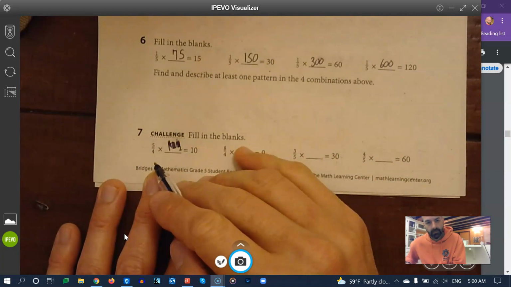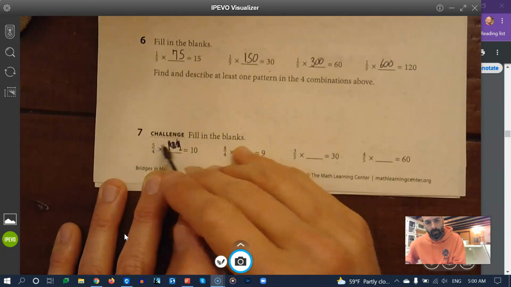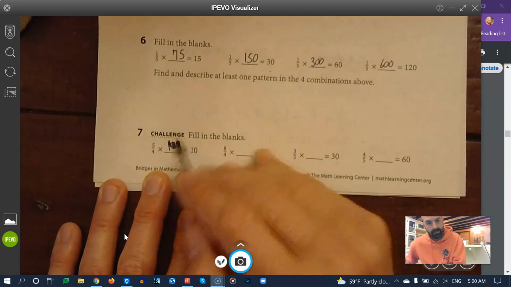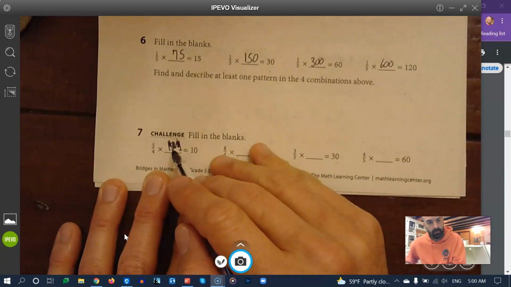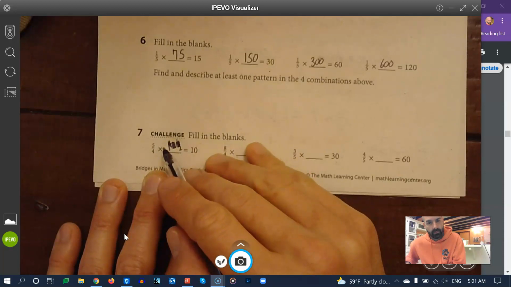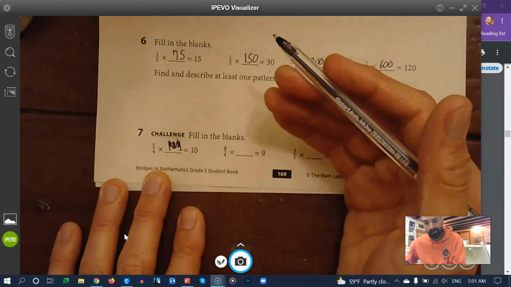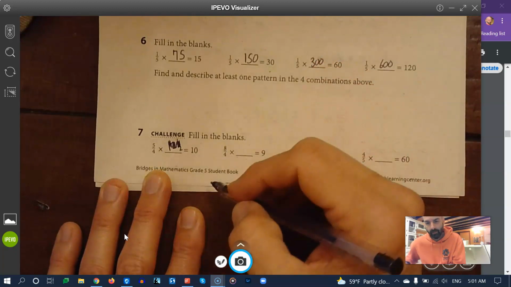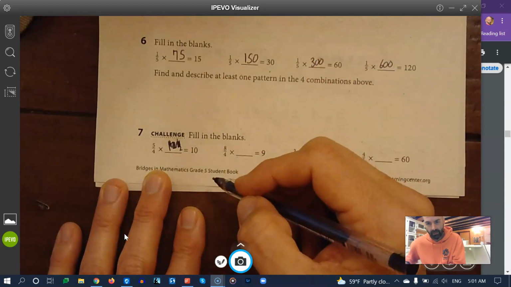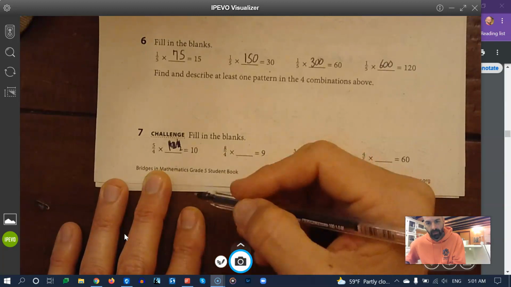Is it 8? Because this is more than 1, so this number has to be less than 10. So this was, well, what's 1/4 of 10 5 times? Does that work? 1/4 of 10 is 2.5. 5 times.